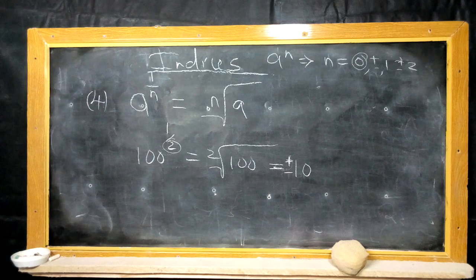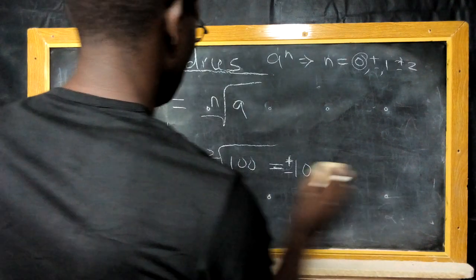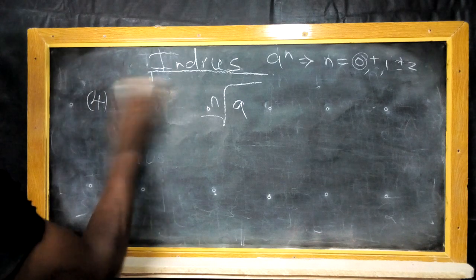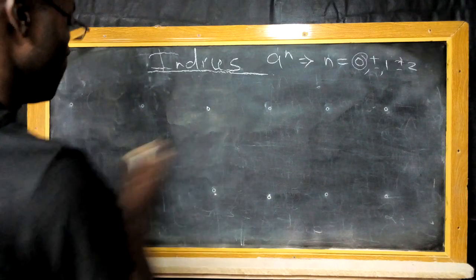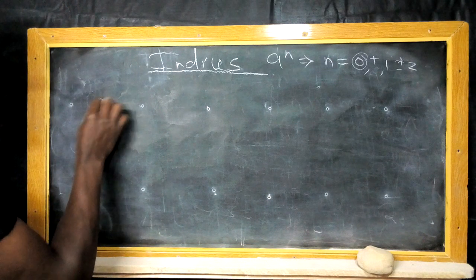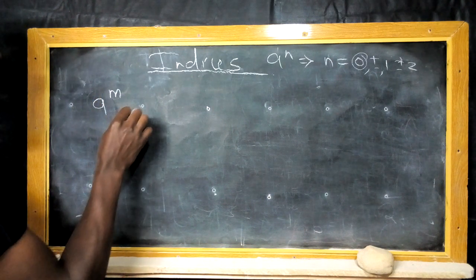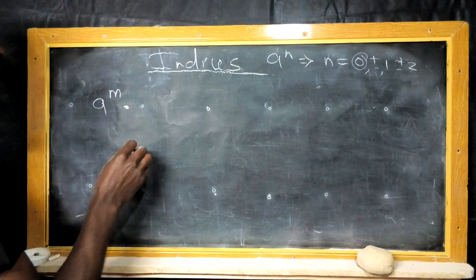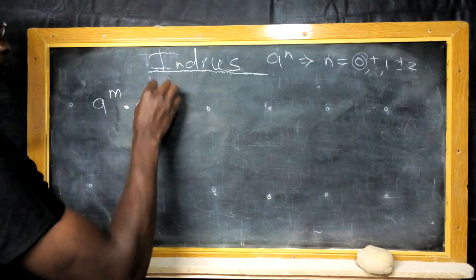So in all mathematical applications, these rules apply, and we're going to see that from the rule number 1 that we had mentioned. Suppose we have a mathematical equation of this form: a raised to power m, times a raised to power n.